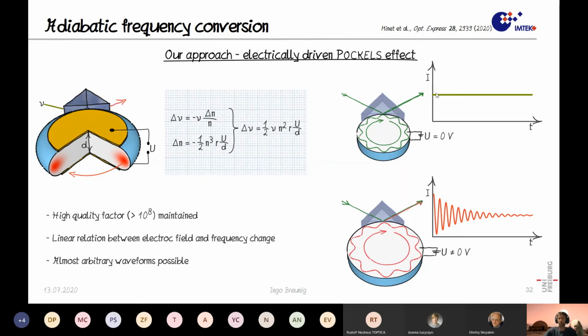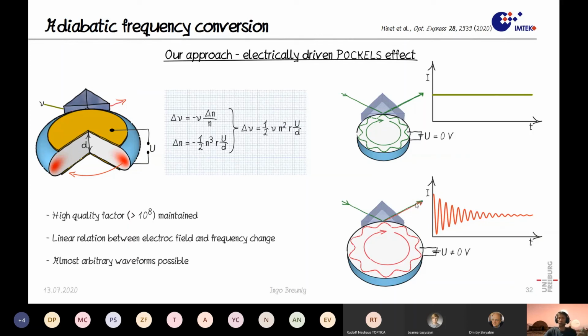Right, so that's it. So if we apply a voltage fairly quickly, then the frequency of the light in the resonator changes. That means our detector now sees two frequencies. It sees the pump that is now not coupled anymore into the resonator because we shift our resonance frequency. And furthermore, it sees the light that comes out of the resonator but having a different frequency.